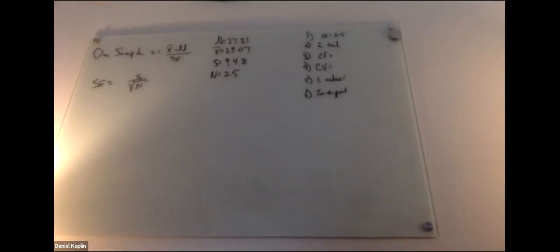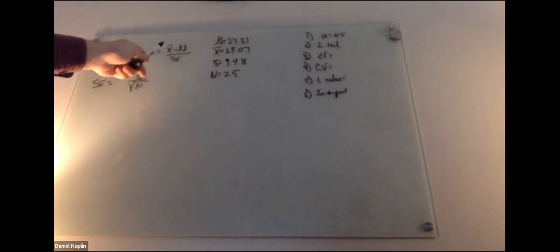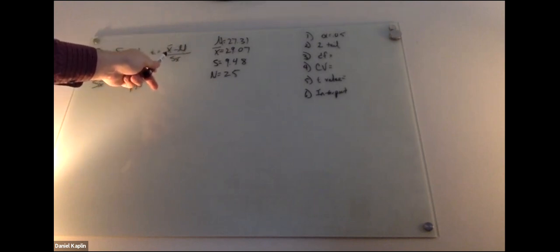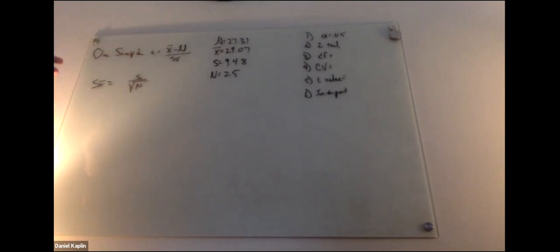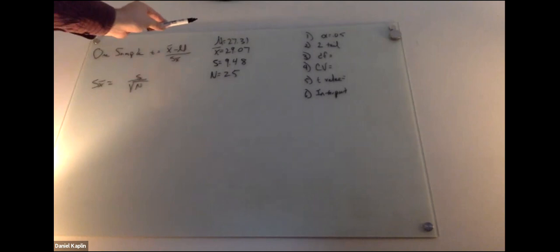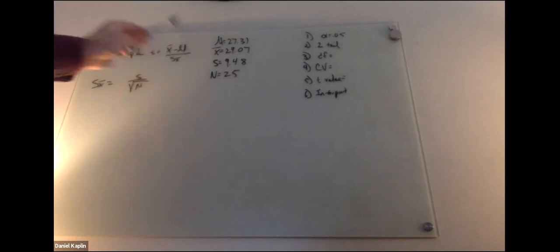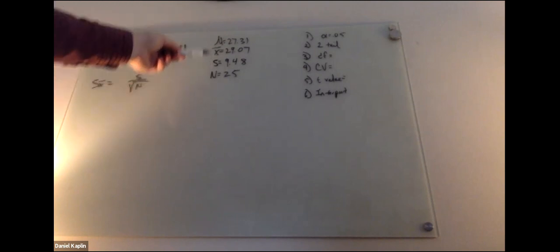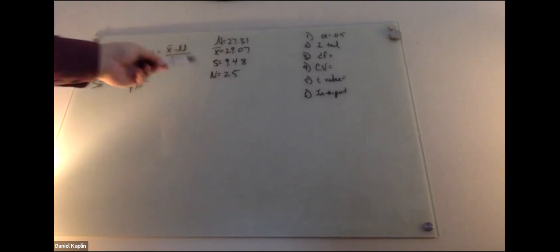Okay, so I have everything set up. So I have my one sample t-test. T is equal to x bar minus mu divided by the sample standard error of the mean. Standard error of the mean is the sample standard deviation divided by the square root of n. From the previous slide that we went through, these are the 4 bits of information we need to know, right?